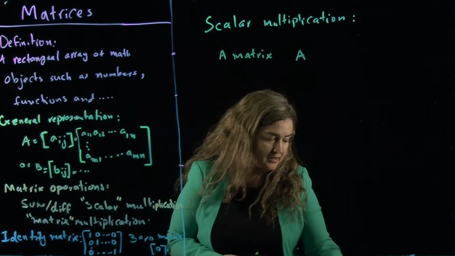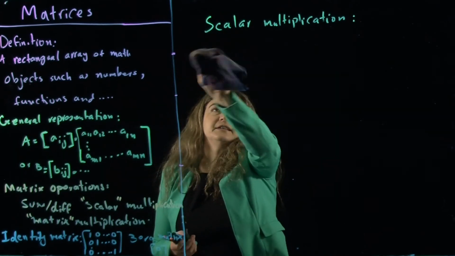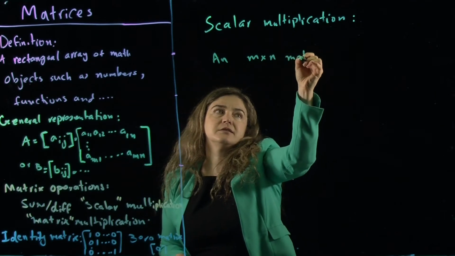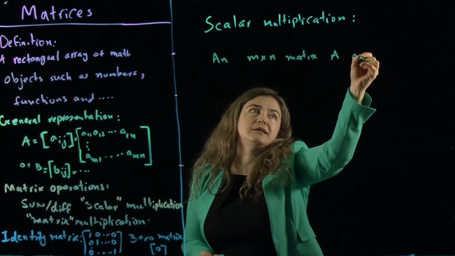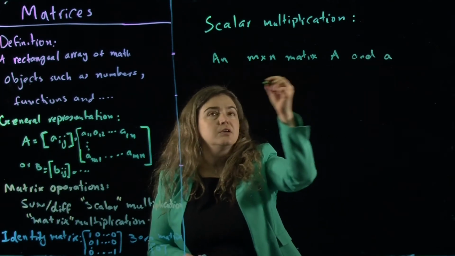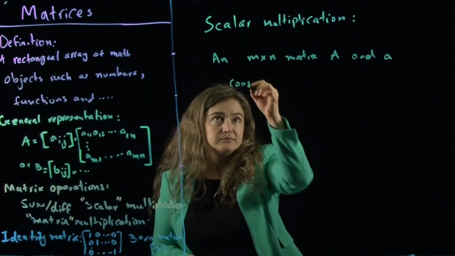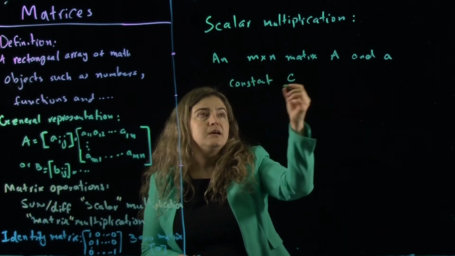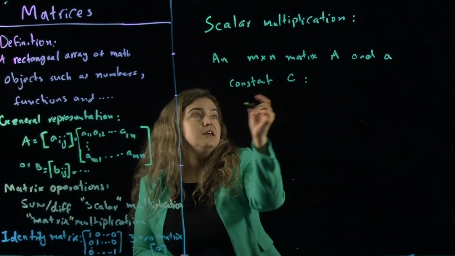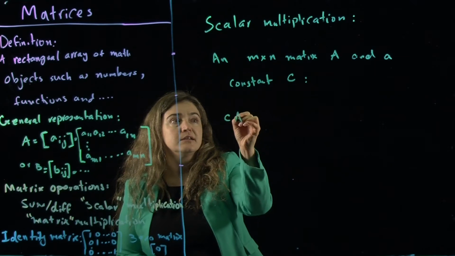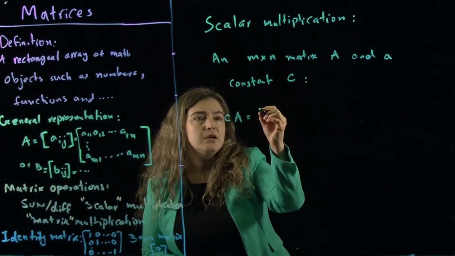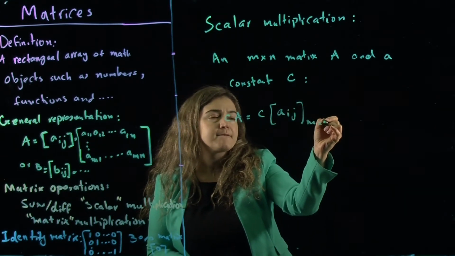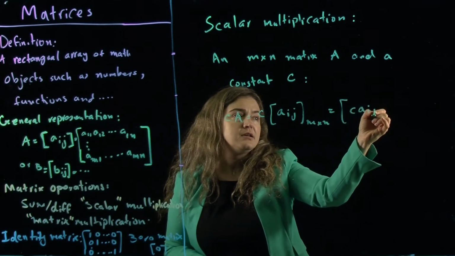Let's start with an m by n matrix A, and a constant C, or a real number C. Then C times A is equal to C times a_ij. That's c a_ij.